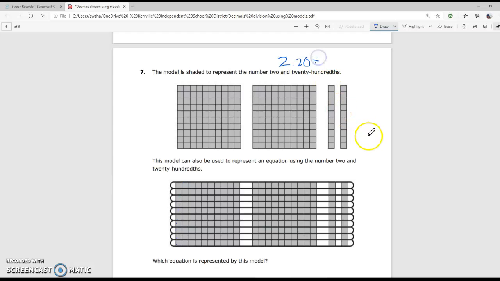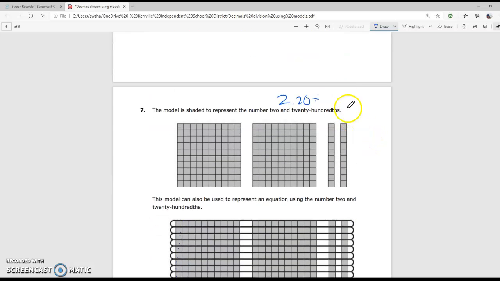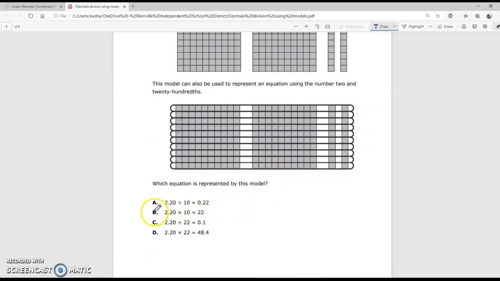So it's split into 10. So the answer is 22 hundredths, so it would be 0.22. It's not that one, that's multiplication. It's not that one. Here's your answer.